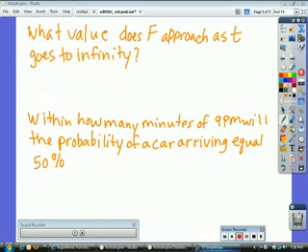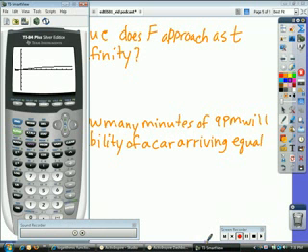So, what value does f approach as t goes to infinity? Let's go ahead and look at this graph. Oh, this is kind of hard to see, isn't it? Let's go ahead and check that window again, and I'll make that y min a negative 1. Oh, wait, that went down too far. Clear.